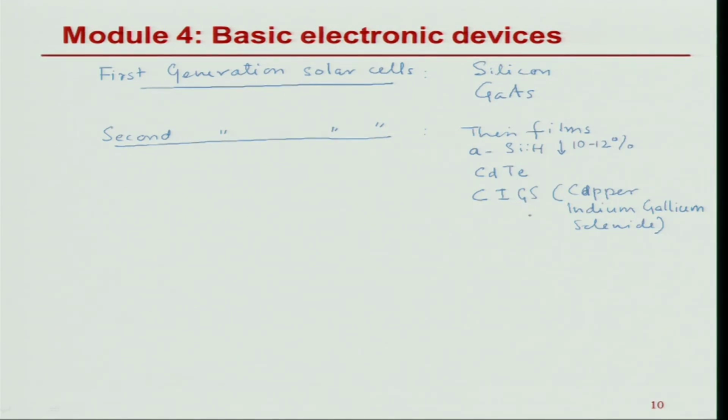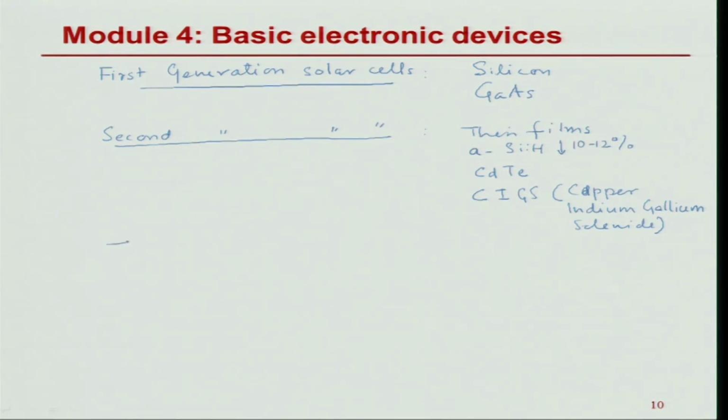Individual cell efficiencies are very high for some of these cells, such as CIGS, but when you put them in a module, it comes down to a lower value. But these have promised much lower cost compared to silicon, and that was the driving force, to reduce the cost of power generated by the solar cell.